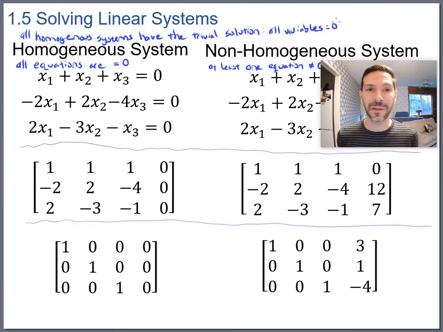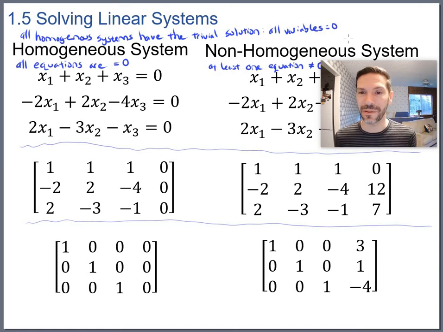That will solve every homogeneous system. Oftentimes the question for us is, are there any non-trivial solutions to a homogeneous system? Keep in mind, since a homogeneous system always has the trivial solution, if there's even one more, how many are there? You can't ever have just two solutions to a system of equations. So it's either just the trivial solution or infinitely many. Those are the only two cases for homogeneous systems.